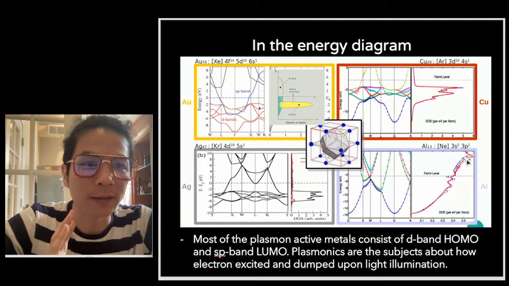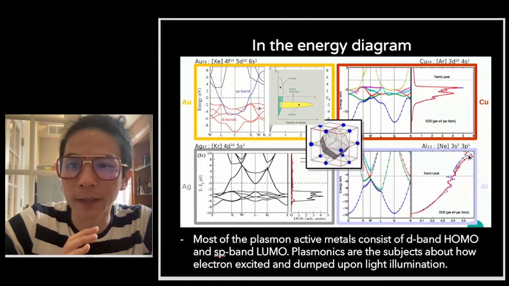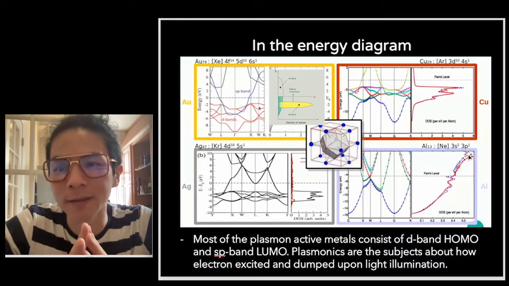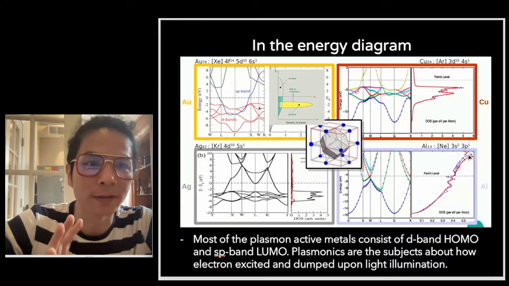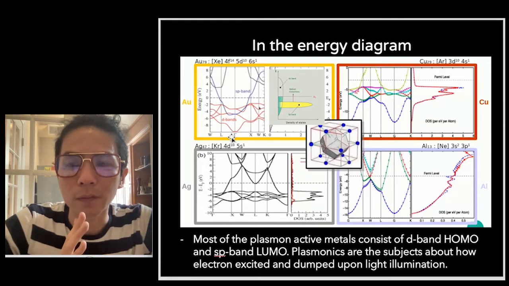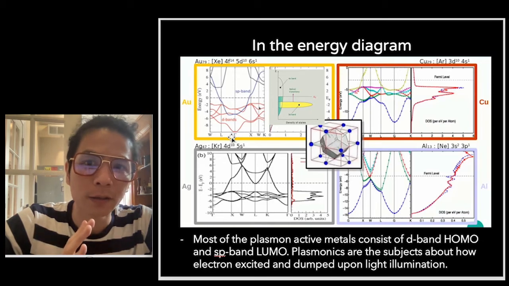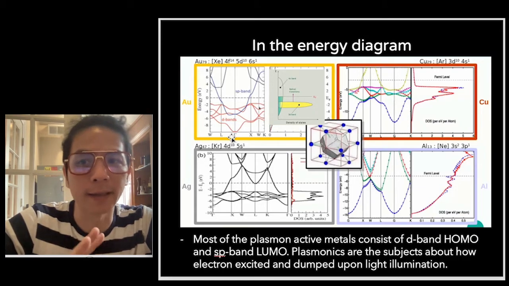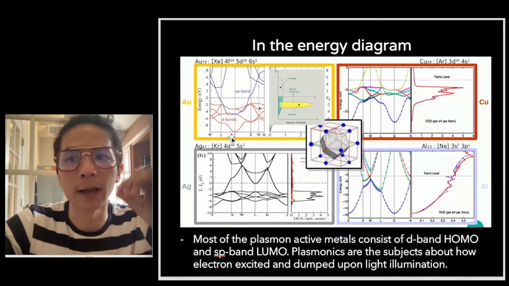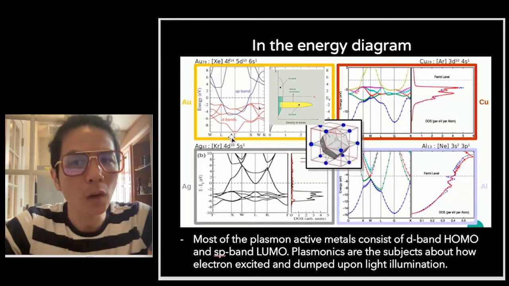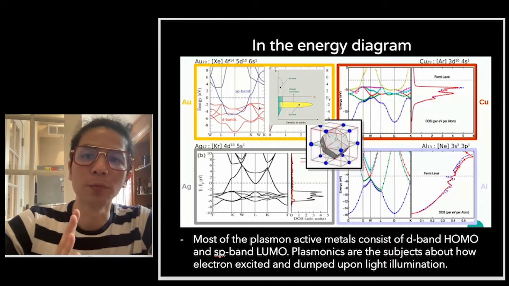Aluminum has a LUMO of p orbital, which is a little different. That is why aluminum has different plasmonic properties than these 3. But the most important point is that the plasmonic excitation can also be understood as the excitation of an electronic orbital, like a normal excitation. Well, this is the basics of plasmonics.